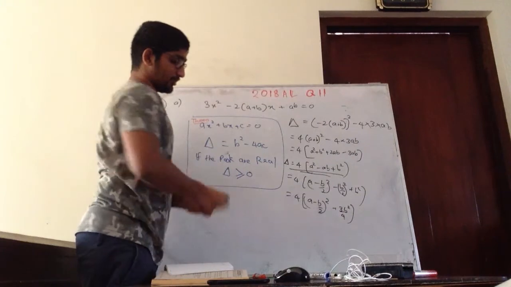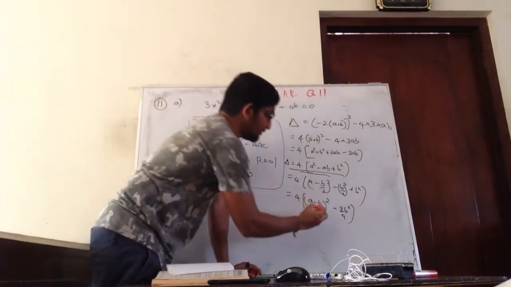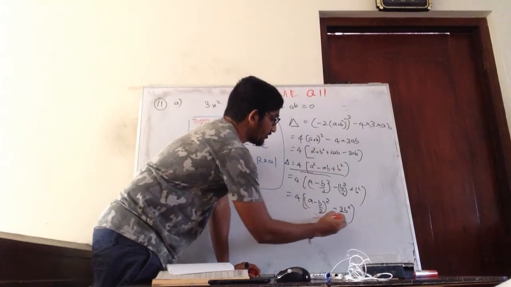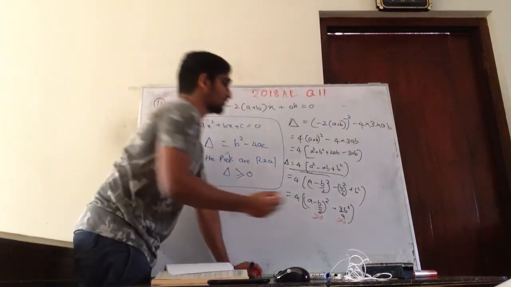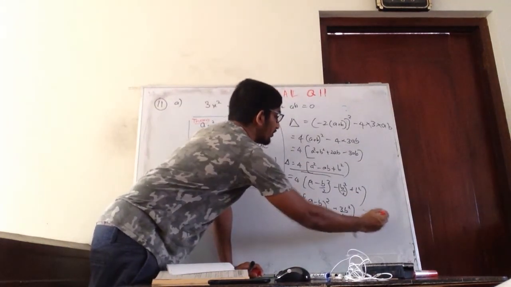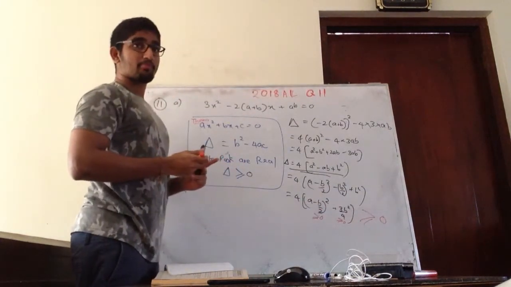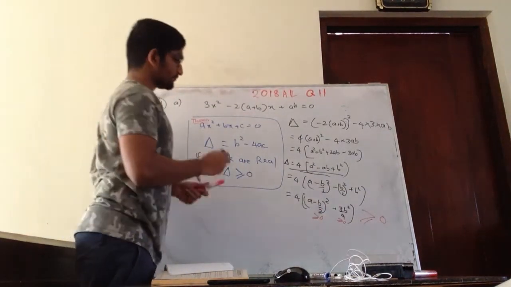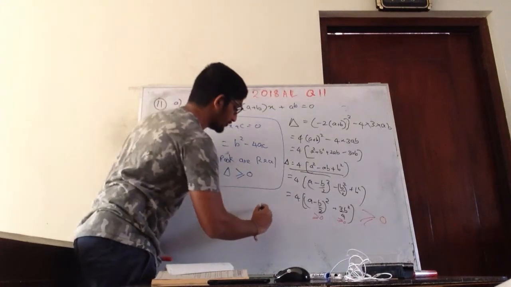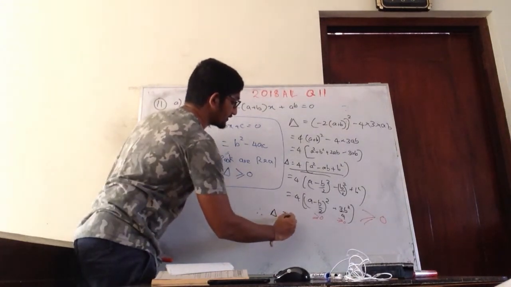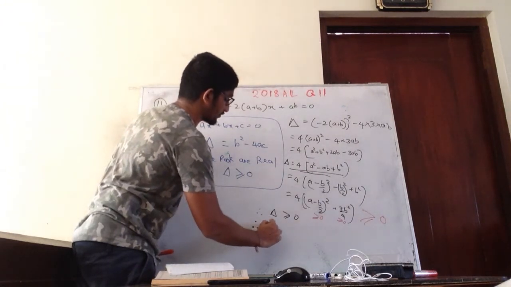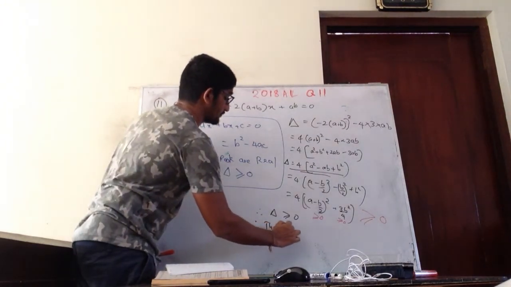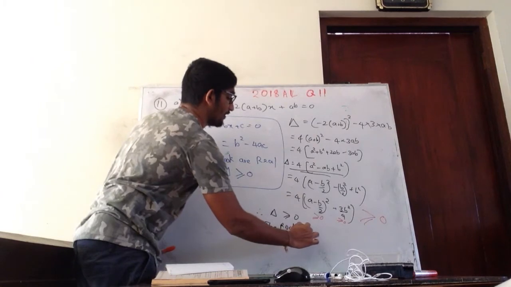Now this will be greater than or equal to 0. This also will be greater than or equal to 0. So this whole part will be greater than or equal to 0. Therefore delta is greater than or equal to 0. Therefore, the roots are real.